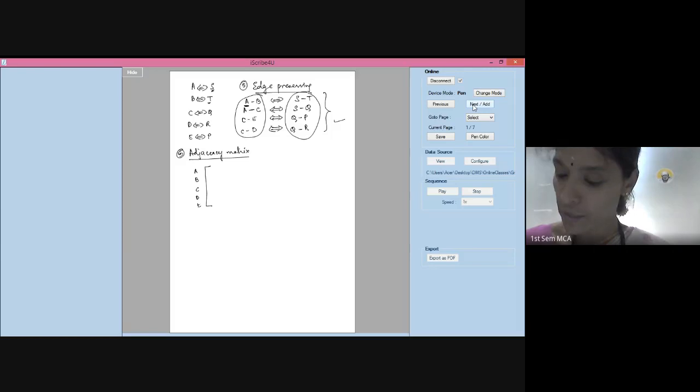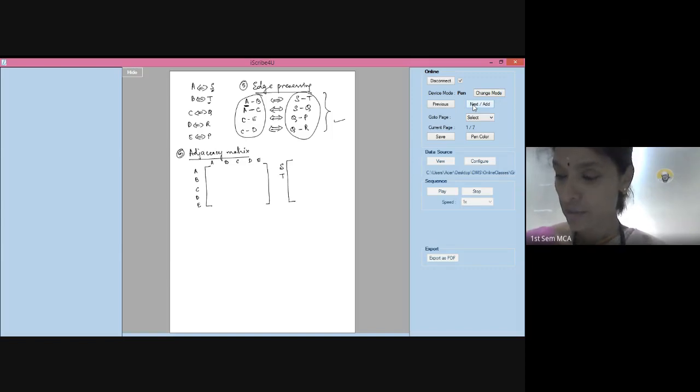One thing you have to understand here. You will write adjacency matrix for G1. When you write adjacency matrix for G2, you have to take the equivalent vertex. So, what is equivalent to A?